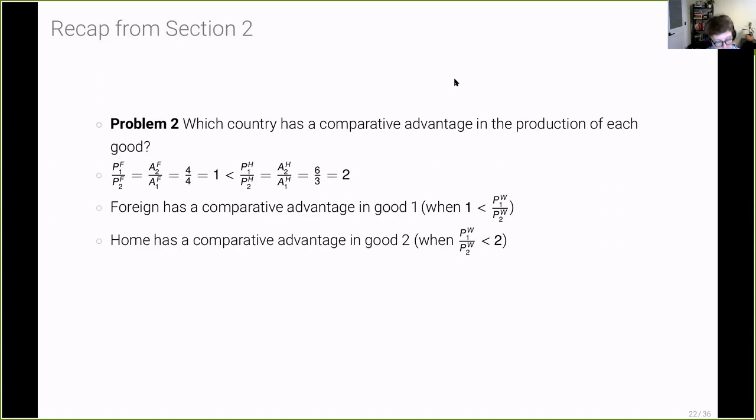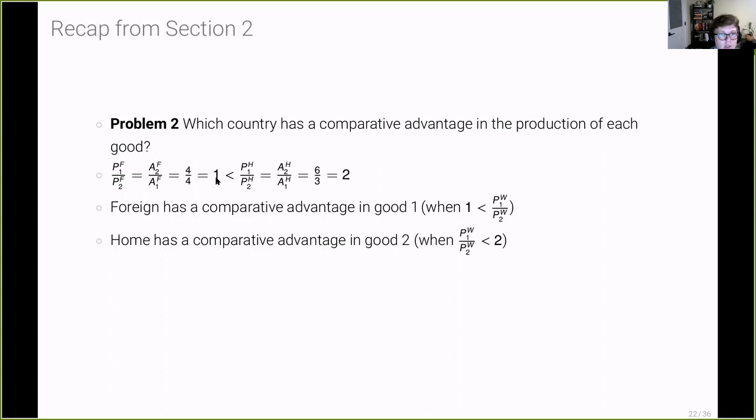So in the endowment model, you're told exactly what you're producing from the onset, but to figure that out in the Ricardian model, you want to figure out who's going to have a comparative advantage in what first. Basically, you're just going to use that the relative prices of goods in autarky are inversely proportional to the marginal productivities of labor in each sector.